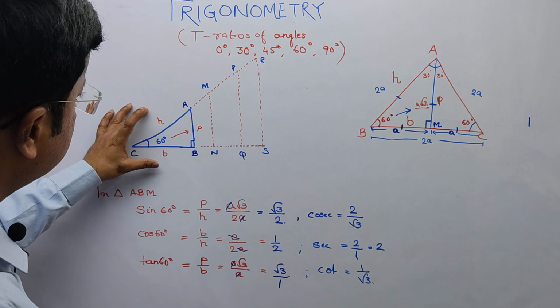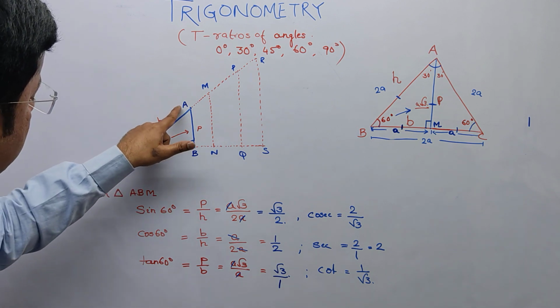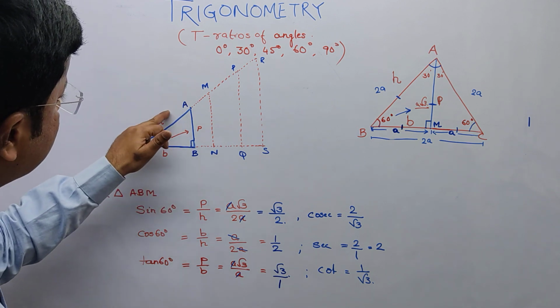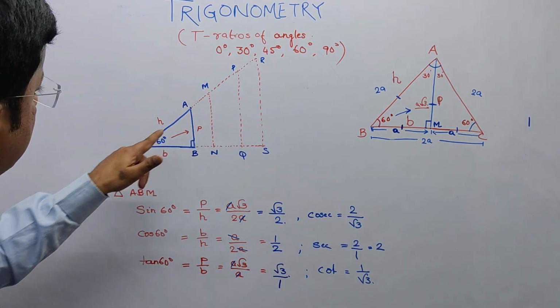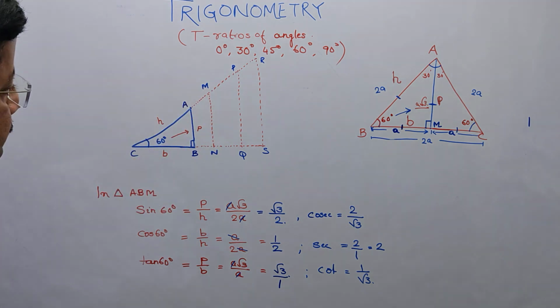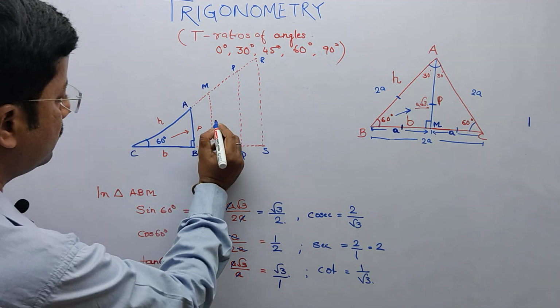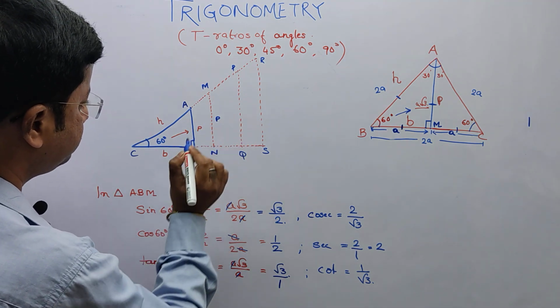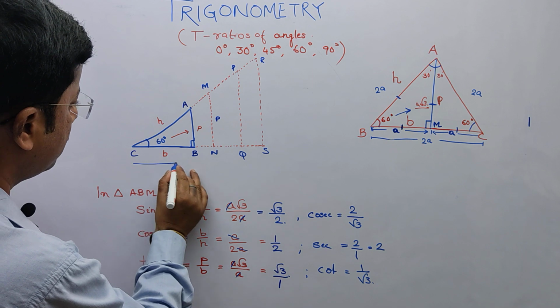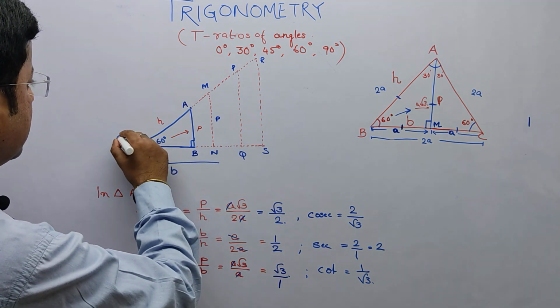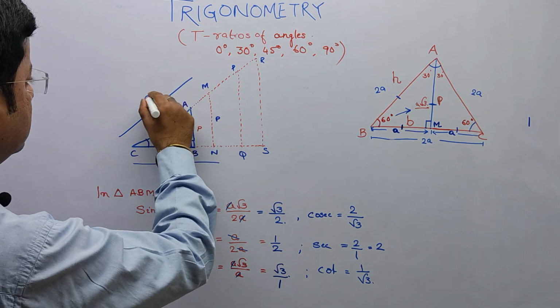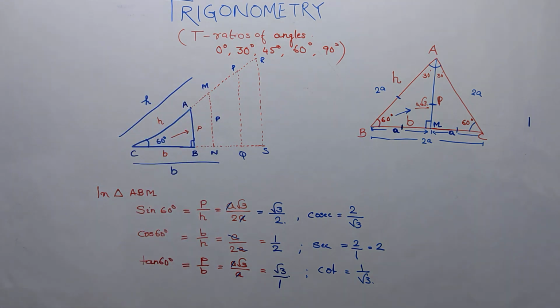Now if you see this figure, then we can see this is a triangle ACB. Now it is extended and it is made MCN, right? So this is also perpendicular for this triangle, and this is base for this triangle, and this is hypotenuse for this triangle, right?